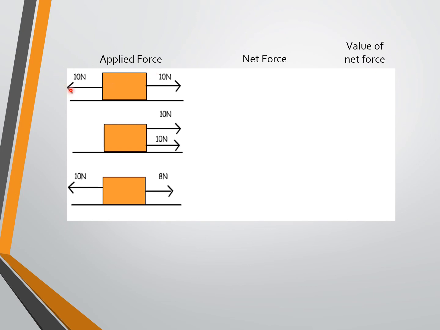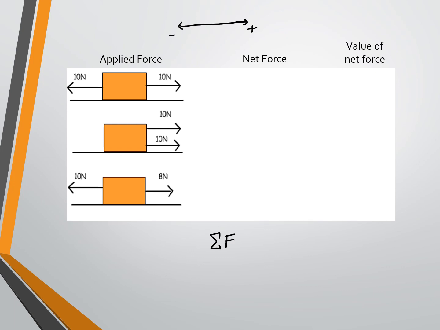So if I look at my boxes, I'm only dealing with left and right. So that means that when I am doing all of my information, I'm going to be using the situation where to the right is positive and to the left is going to be negative. And because I want to find the net force, I want to add up all my force values.